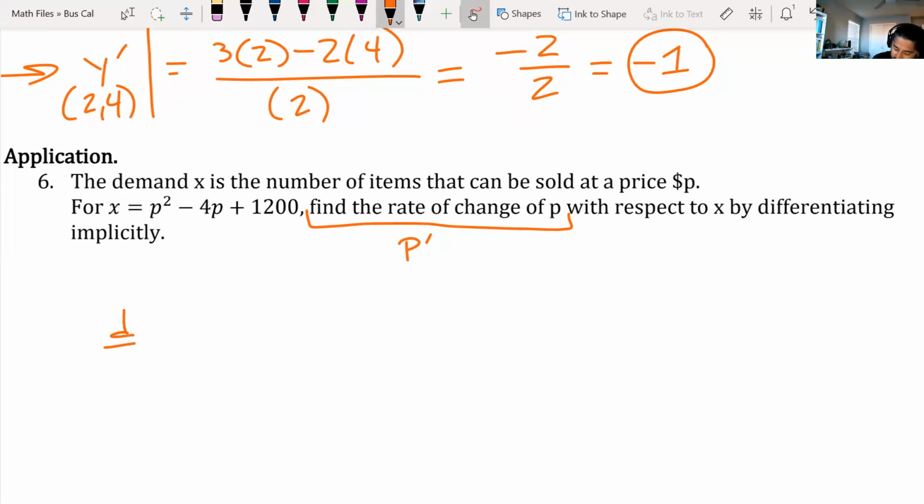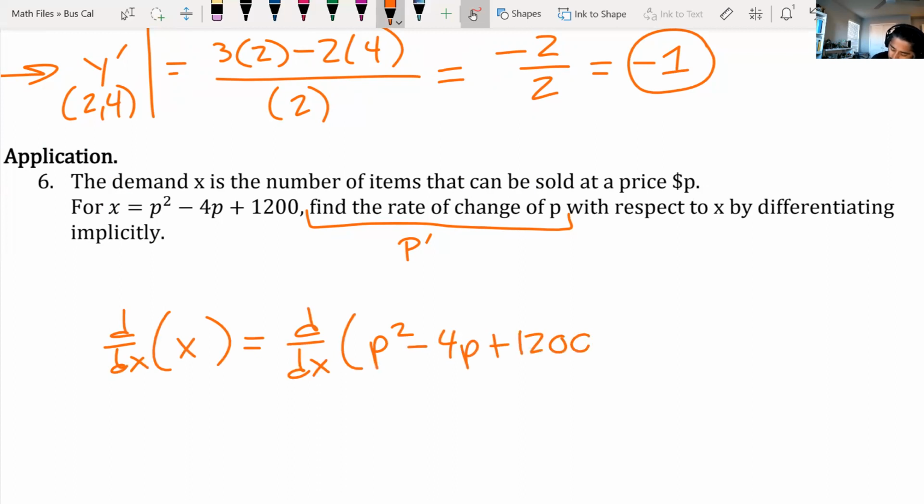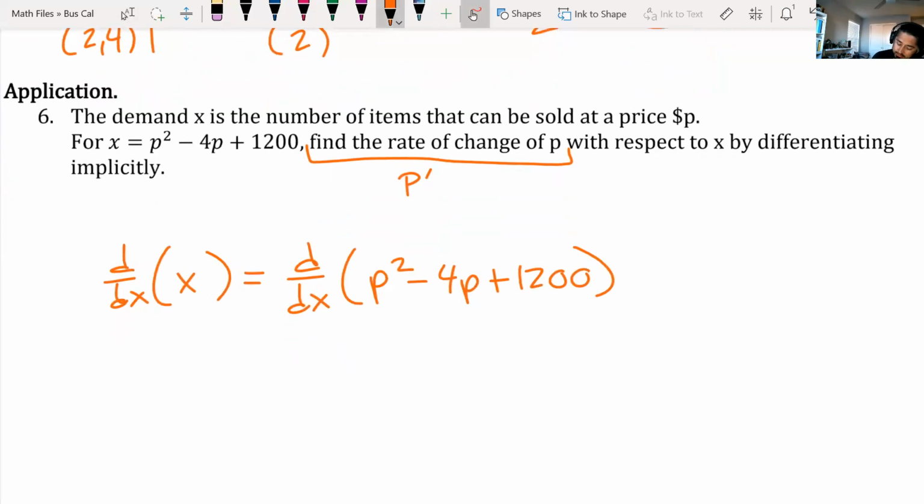So here we go. We'll say d over dx of x equal to d over dx of p squared minus 4p plus 1200. Okay, and you'll treat p as if you were treating y with implicit derivative. So when we take the derivative of x, we get 1.